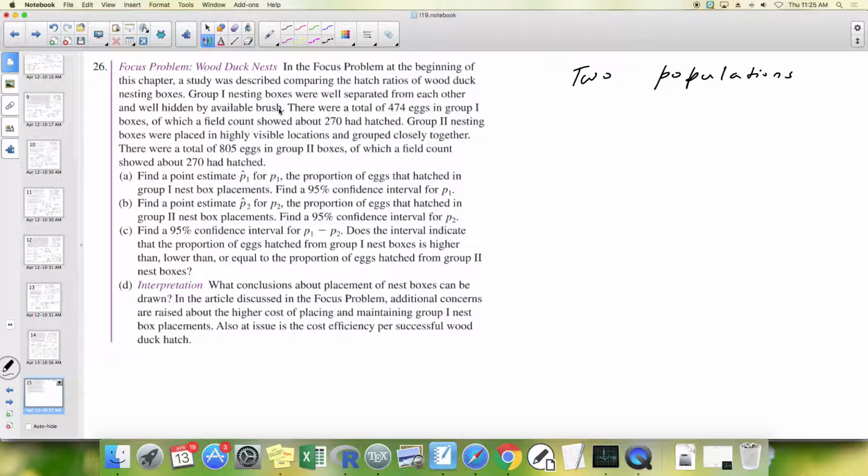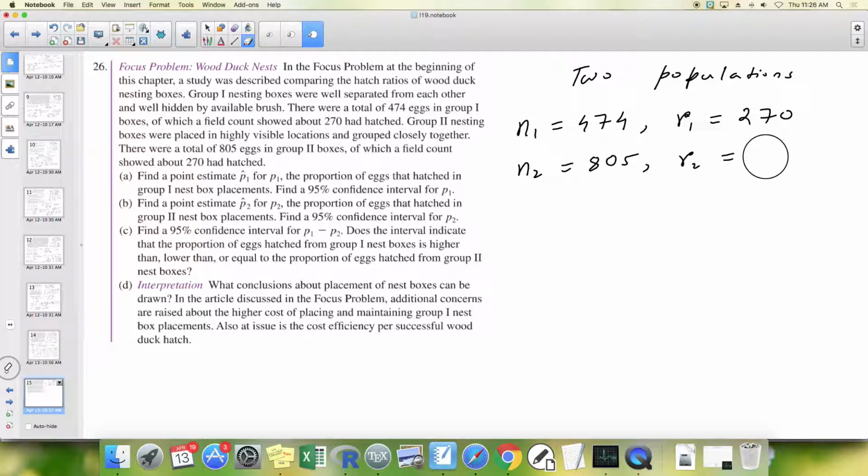Also in group 1, they are well separated from each other, and in group 2, they are grouped closely together. All right. So out of n1 equals 474, R1 equals 270 success, and in group 2, out of 805, R2 equals 27. That's odd. All right. So both of them are 270, but that's okay. So 270 success.